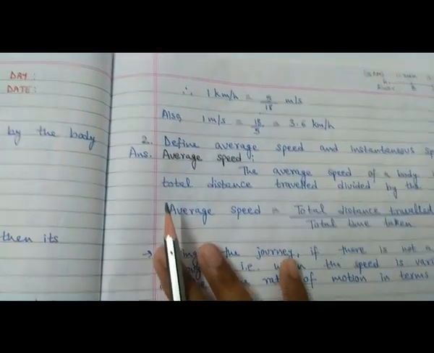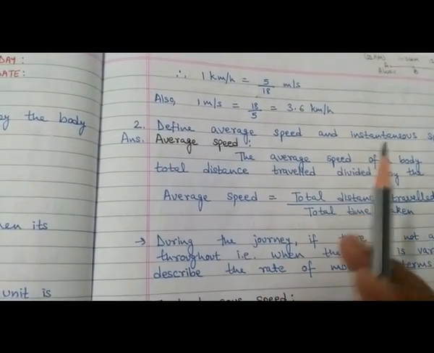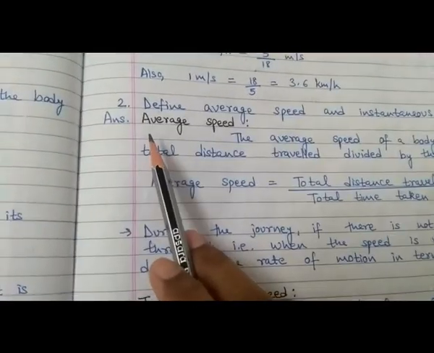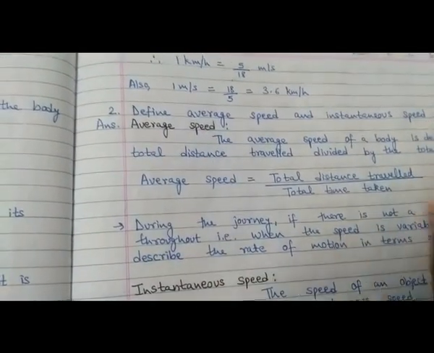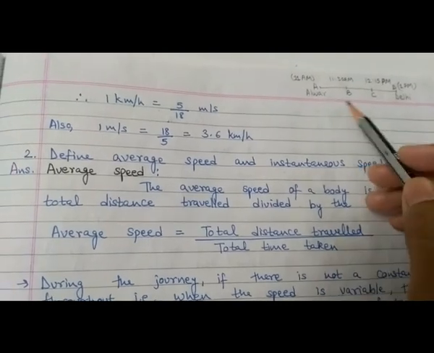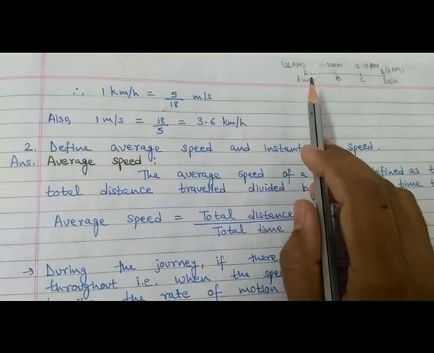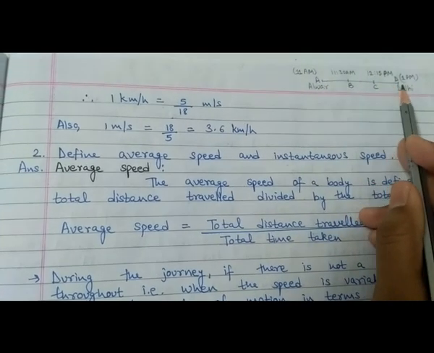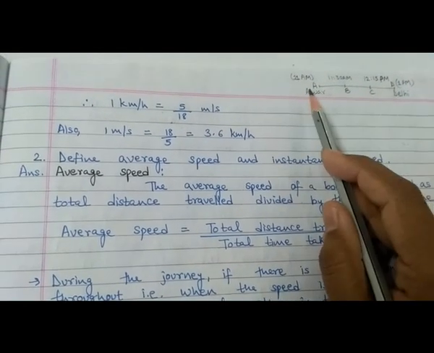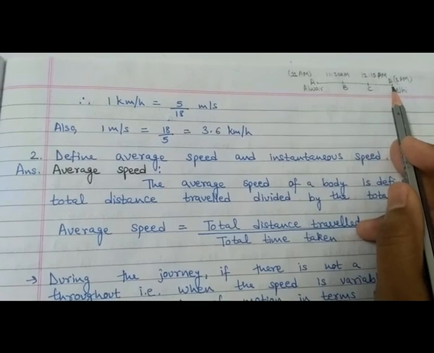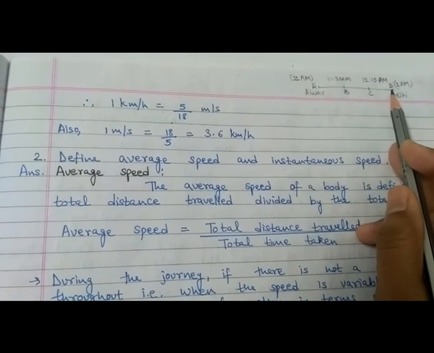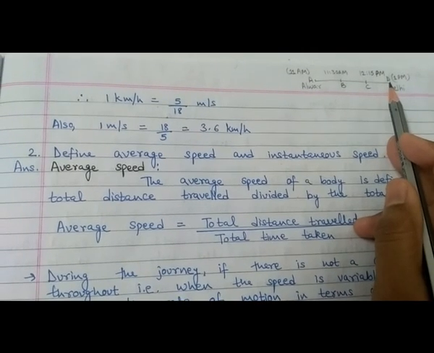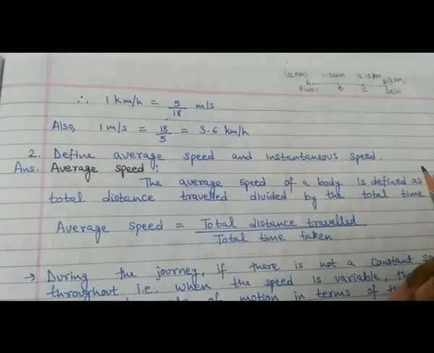Now, what was the average speed and why did we need it? We need average speed because during our journey, it is not always possible to maintain a fixed or constant speed. We need to change our speed from time to time according to the traffic.